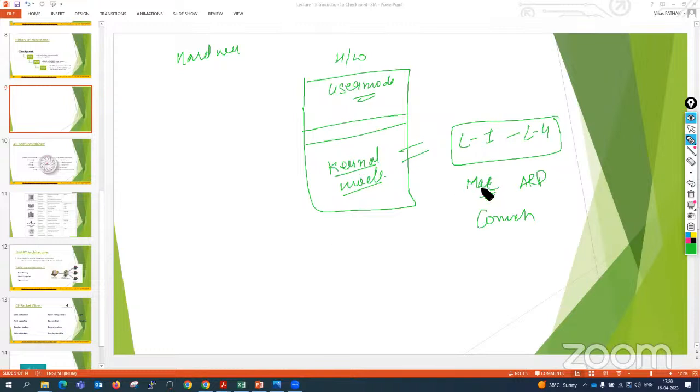So every operation, every table from layer 1 to layer 4 will be done by your kernel mode. So the traffic coming to your interface, whether from inside or outside, will first enter the kernel mode.